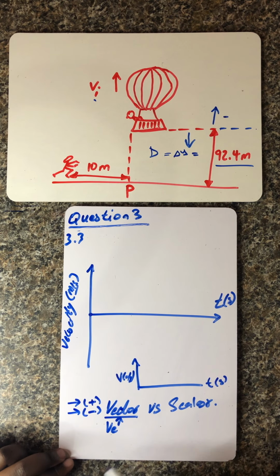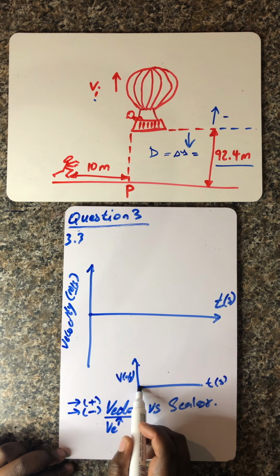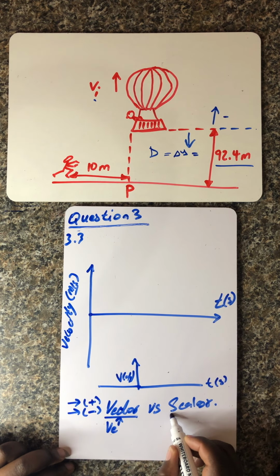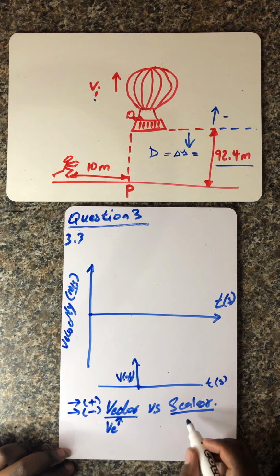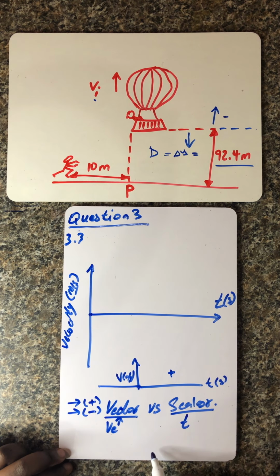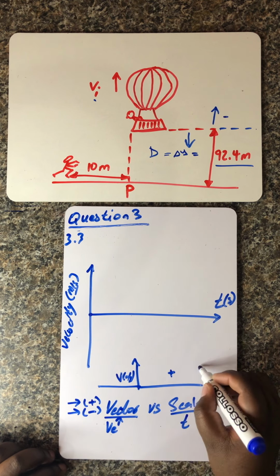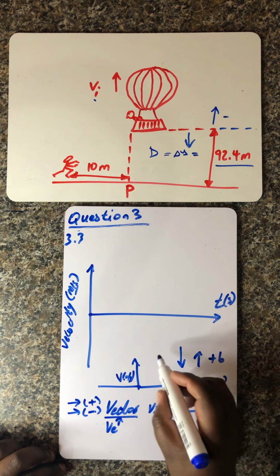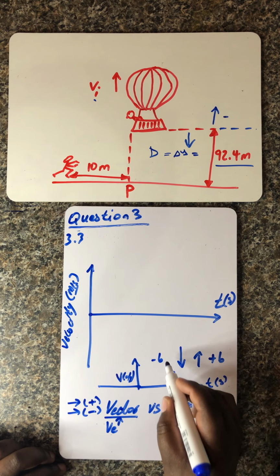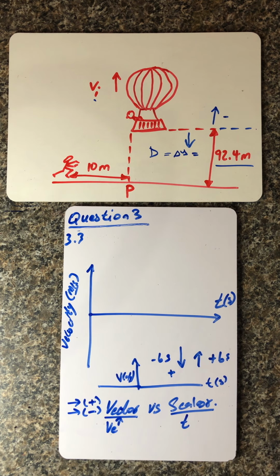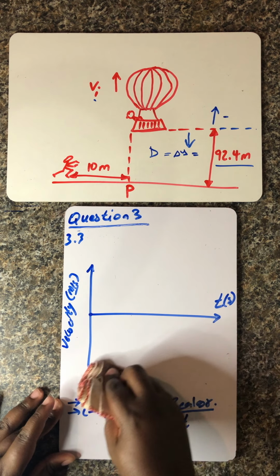The reason why I didn't extend this line all the way up to that side is because I know the time is a scalar quantity and it only has the positive side of it. It doesn't mean as the object is moving upwards, its time is positive 6, for example, and then when it comes down, its time will be negative 6 seconds. So in terms of time, we don't have positive and negative, it's just the positive number. That is the reason why I drew this Cartesian plane in that way.